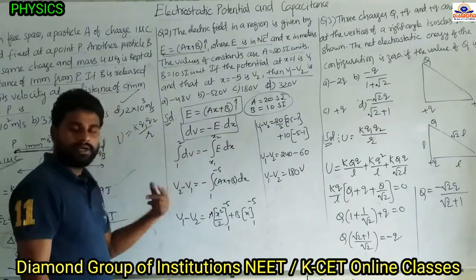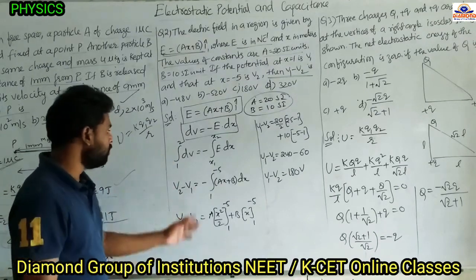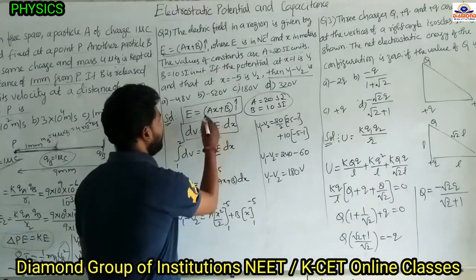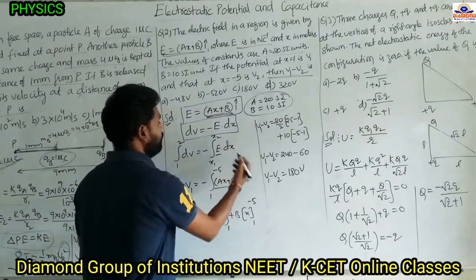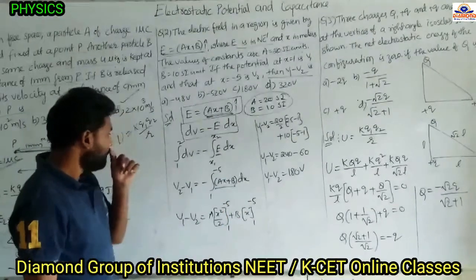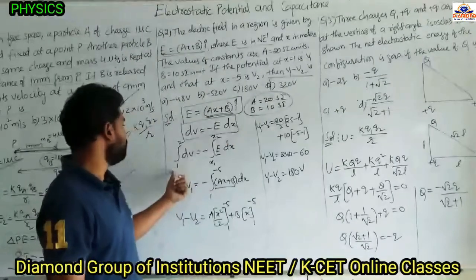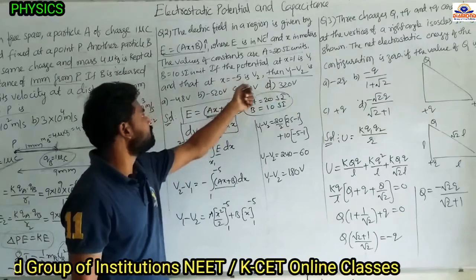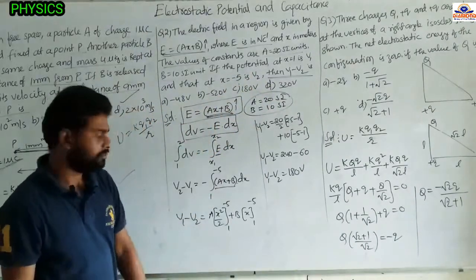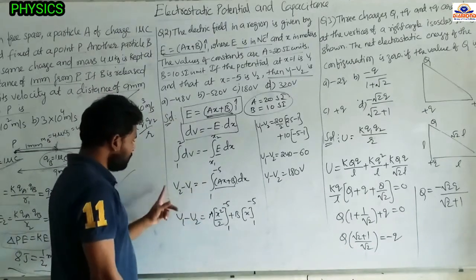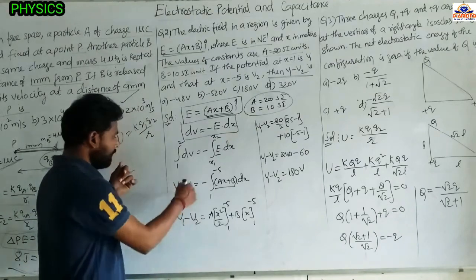The integration of dV is V, upper limit V2 and lower limit V1, so V2 minus V1 equals minus the integration of Ax plus B dx. Since x1 is 1 with potential V1 and x2 is minus 5, we integrate from x equal to 1 to minus 5. The minus sign sent this side makes it V1 minus V2, otherwise take the minus as common and cancel it.